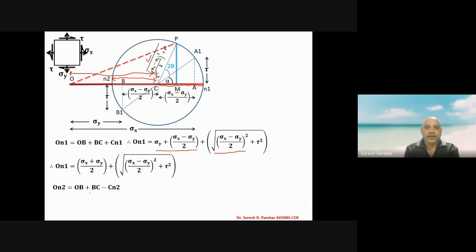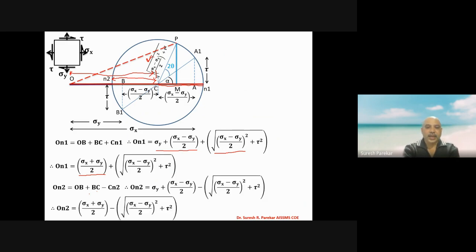Now OB we know, OB is sigma y, and BC we have already seen, (sigma x minus sigma y)/2, so OC is (sigma x plus sigma y)/2, and then minus CN2. CN2 is again the radius, and with this value we get ON2, that is (sigma x plus sigma y)/2 minus root of this. So this is PN2 and this is PN1.